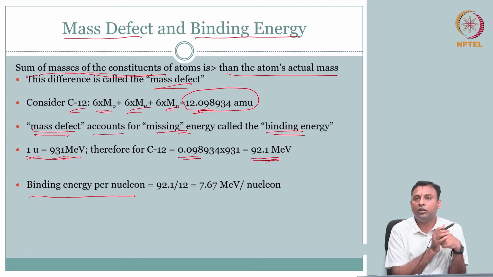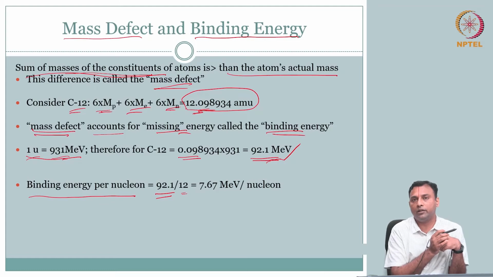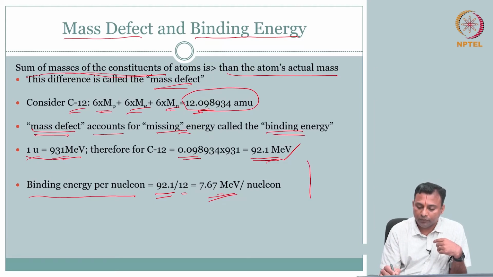Put together you have 12 particles in the nucleus. So your 92.1 is the energy from the mass defect. That energy per nucleon, per 12 constituent neutrons plus protons, is about 7.67.